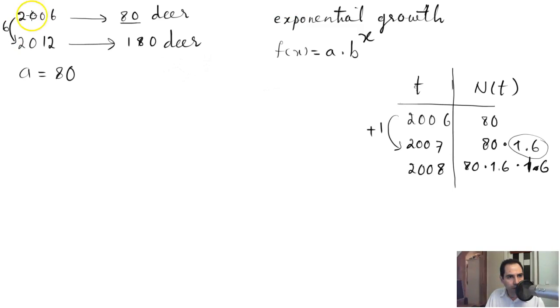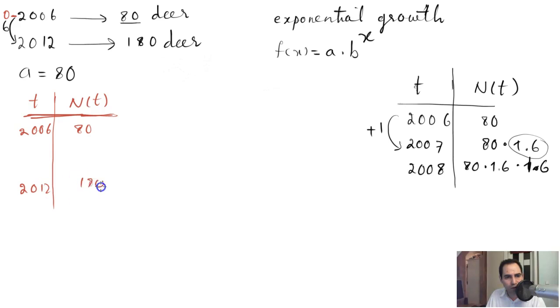I can take this year 2006 as 0. So I could do this table: this is t, this is n of t. This is 2006, which was 80 deer. This is 2012, which was 180 deer.